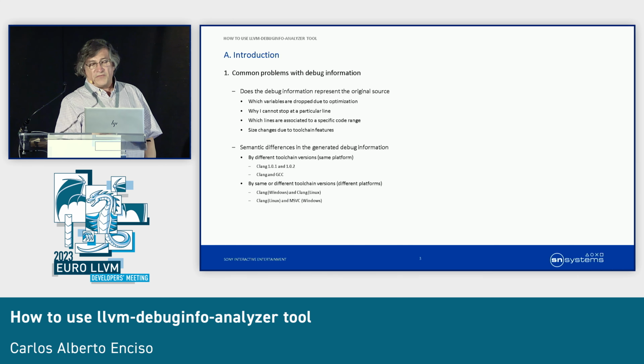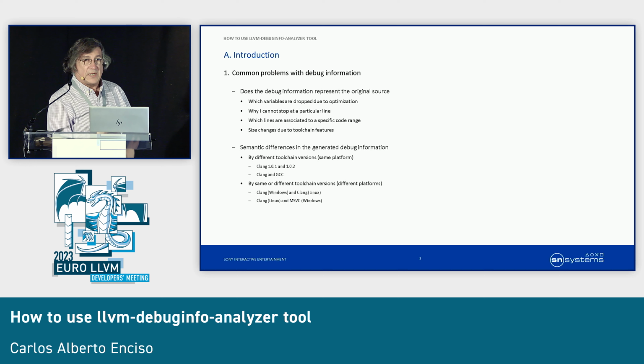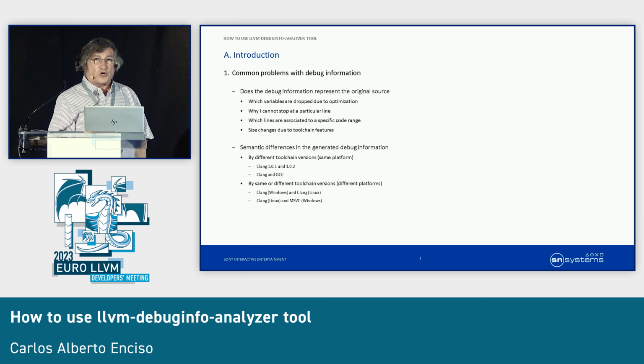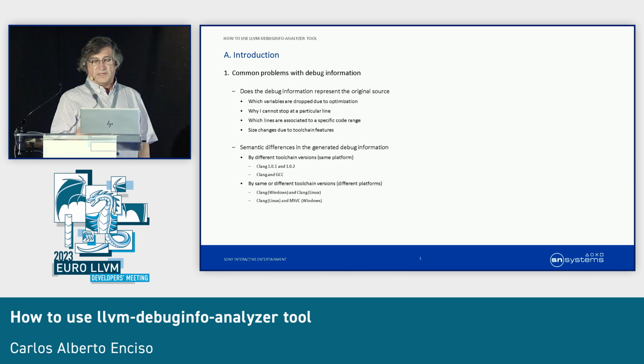Common problems with debuginfo. There are mainly 2. First one is, does the debuginfo represent the original source code? For example, which variables are dropped due to optimization? Why can I not stop at a particular line number? Which lines are associated to a specific code range?